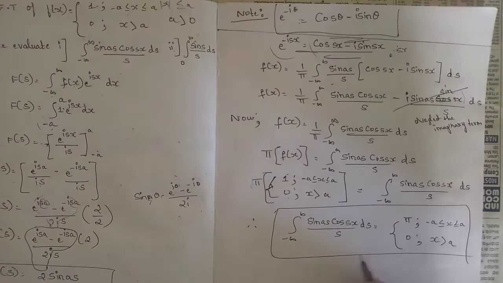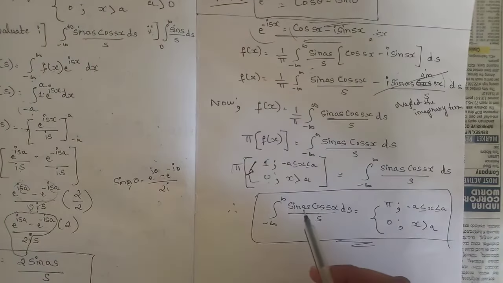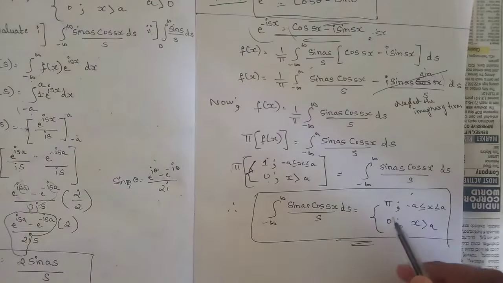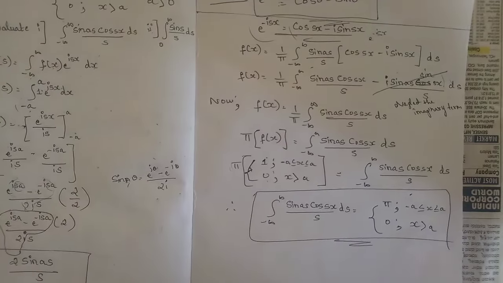So this is your required first case. We have got the answer. Integral from minus infinity to infinity of sin as by cos sx by s into ds is pi when x lies between minus a to a, and it is 0 when x is greater than a. Okay, so this is the first case.